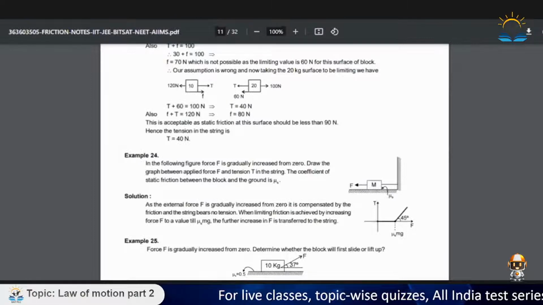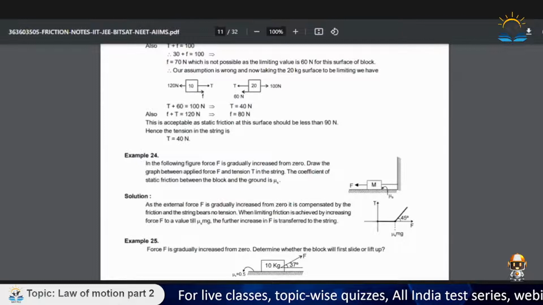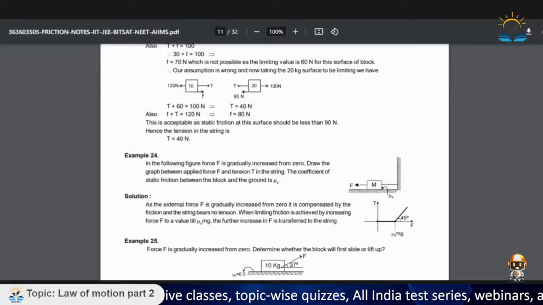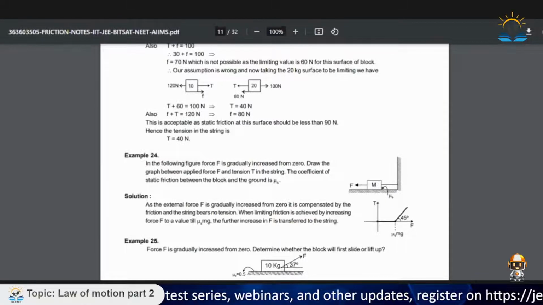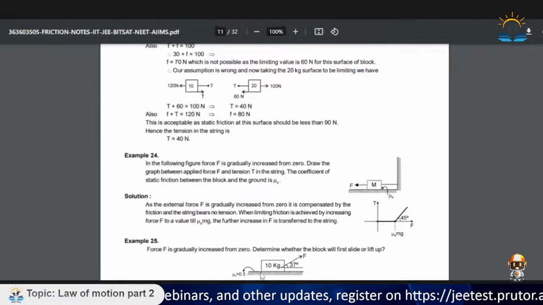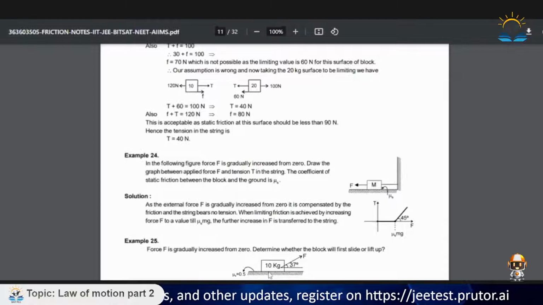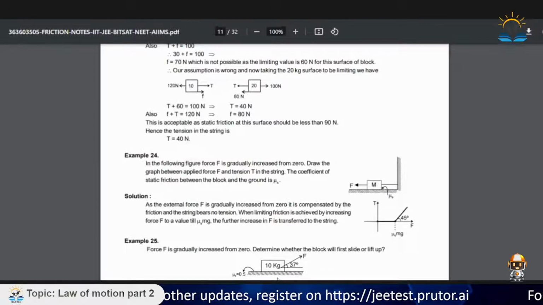Now if the block first lifts up, then at that point acceleration would be equal to 0, and F sin 37 degrees would be equal to 100 kgs.